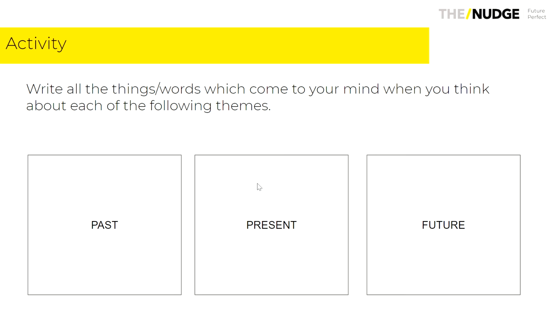If you're a student, you can continue writing student here as well. If you're working, you can say employed, or anything that you want to share, you can write thinking about your present. And lastly, about your future, what are some of the things that come to your mind when you think about your own future? You can mention all of them in here.